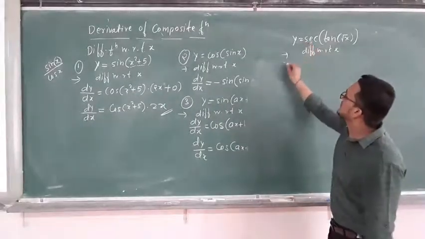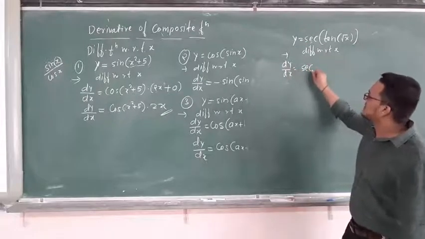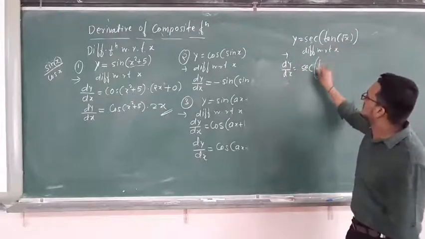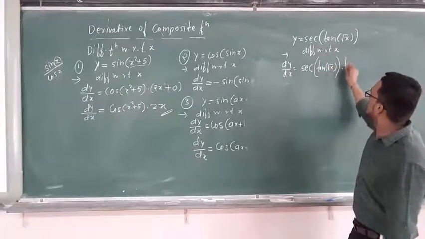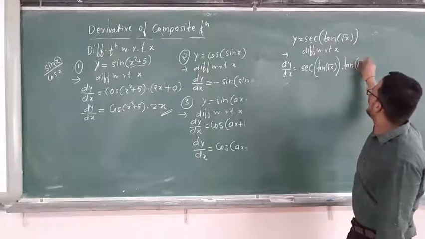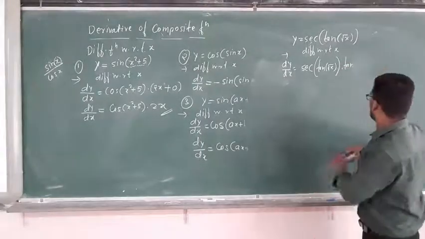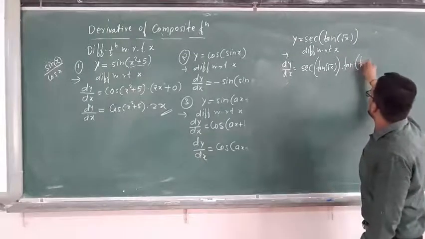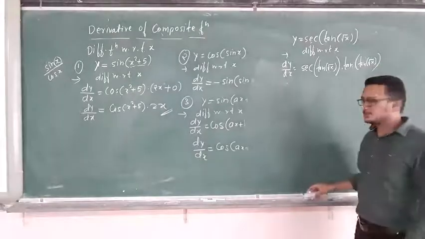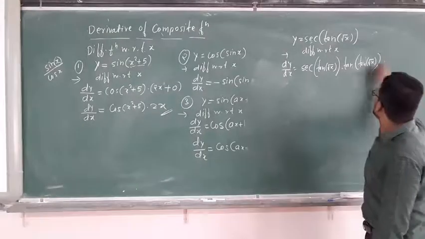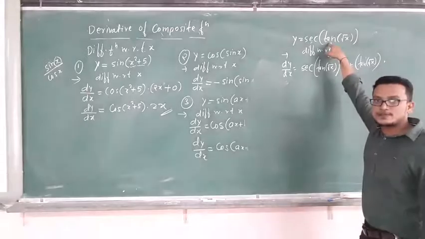So the derivative of sec x is sec x tan x, but here x is the next function, that is tan of √x. So it is sec(tan √x) into tan(tan √x), then into the second function, tan.